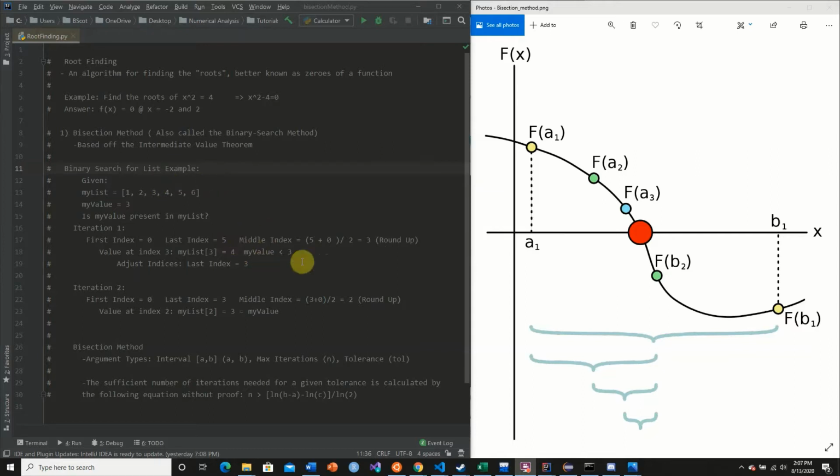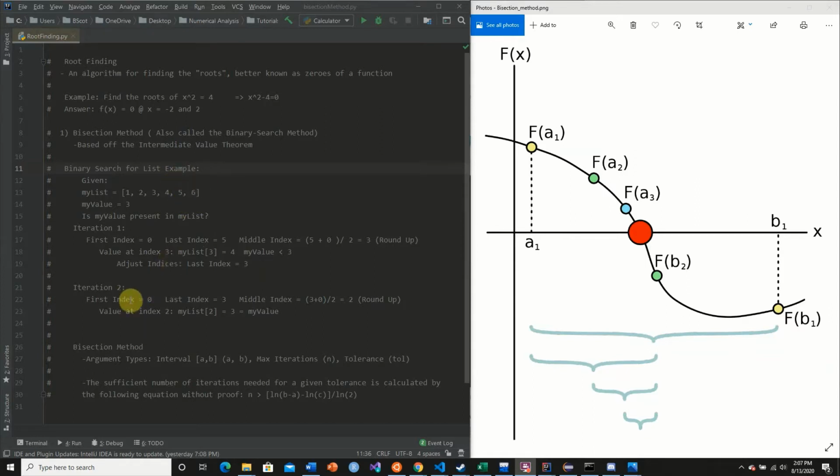In this instance, it's less than. So now we partition our list, subdividing it into a smaller part. We leave our first index the same, but we adjust our last index to equal 3, shrinking our list by cutting off these last 2.